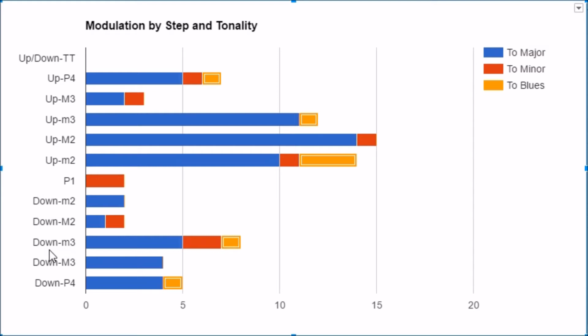And I think many of you are already guessing that that's a symptom of modulating to the relative minor from major, which people do all the time. If you don't know what that is, relative modulation from major to minor is where you keep the same key signature, but move the root down a minor third. Ba-dum, ba-dum.